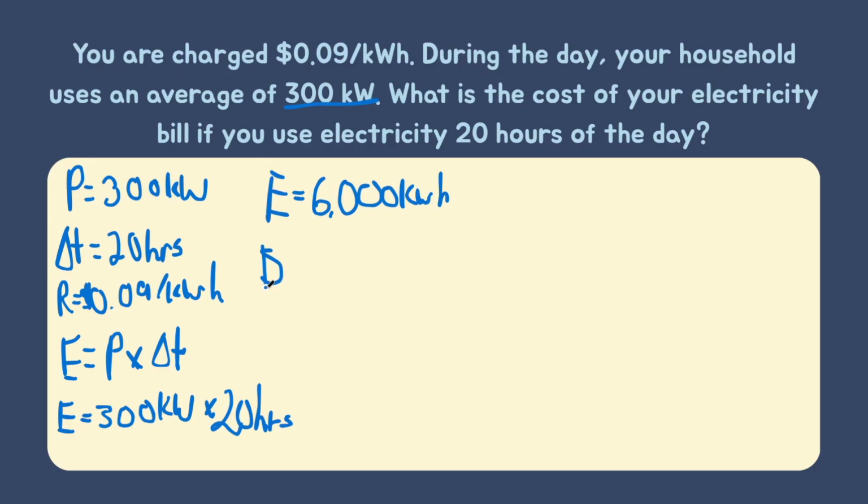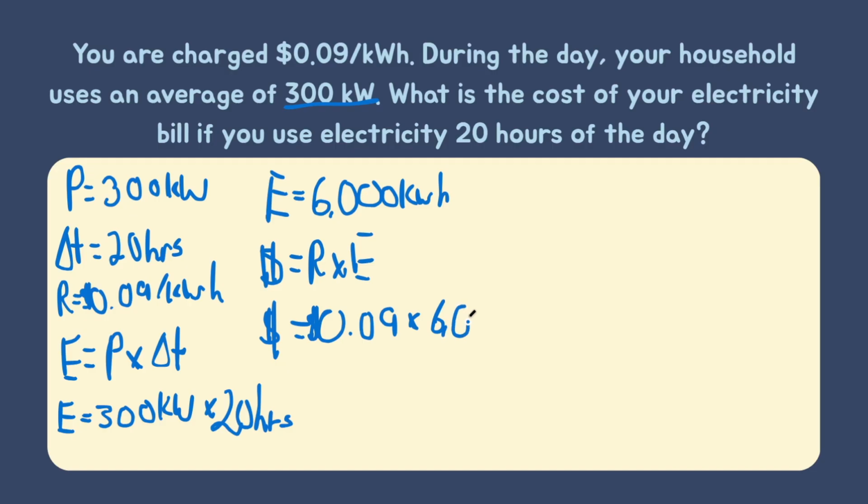So now we can calculate cost. Cost equals rate times energy. Plug in the values, we have 0.09 dollars times 6,000 kilowatt hours.